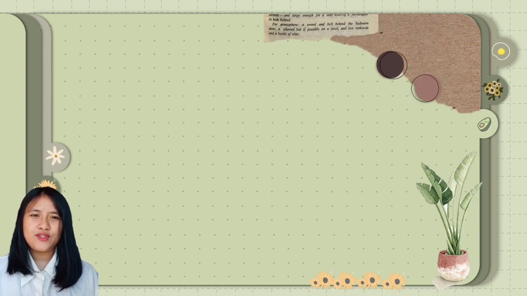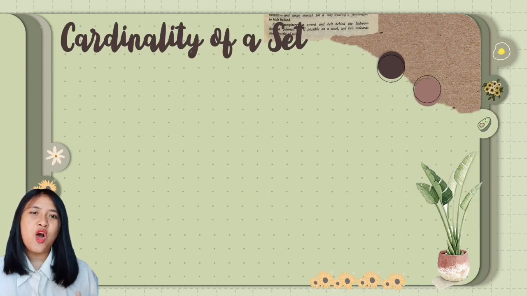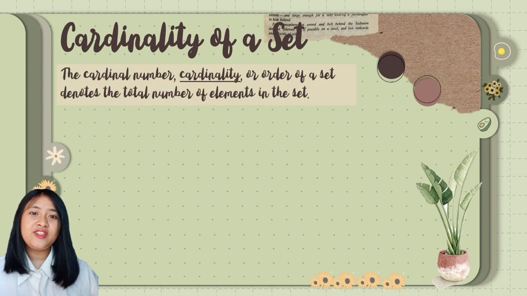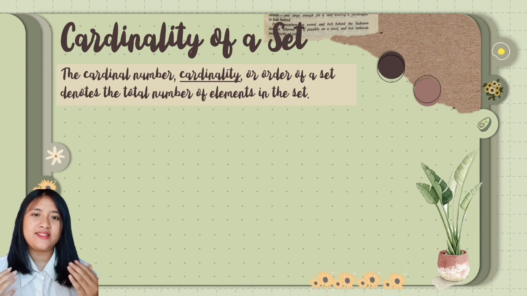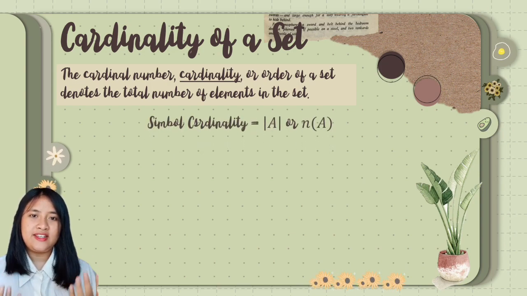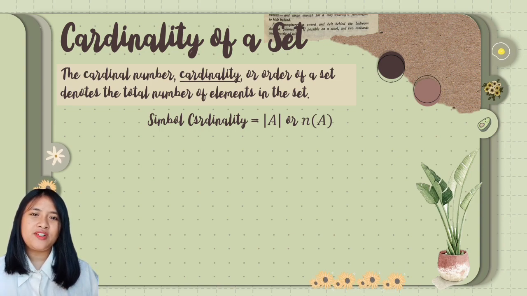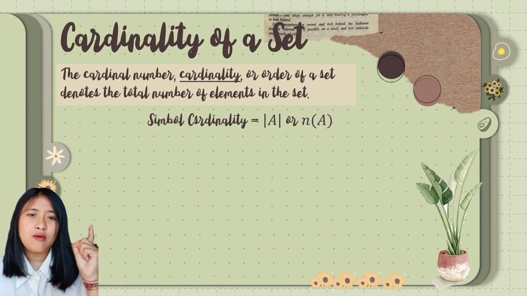Now I would like to tell you about the cardinality of a set. The cardinal number, or cardinality, or order of a set denotes the total number of elements in the set. Symbols of cardinality are like this. To understand cardinality better, let's see this example. Number 1.